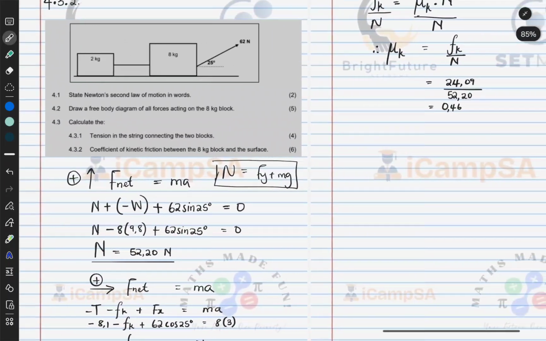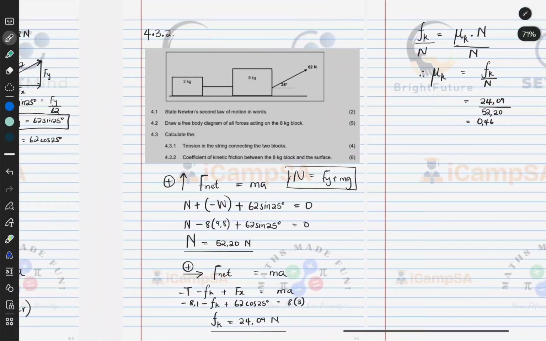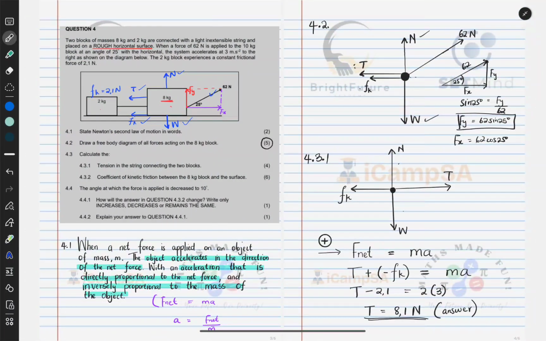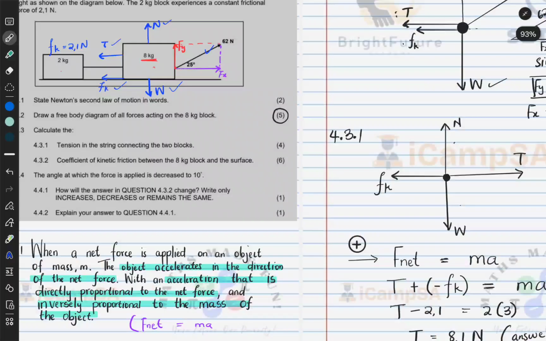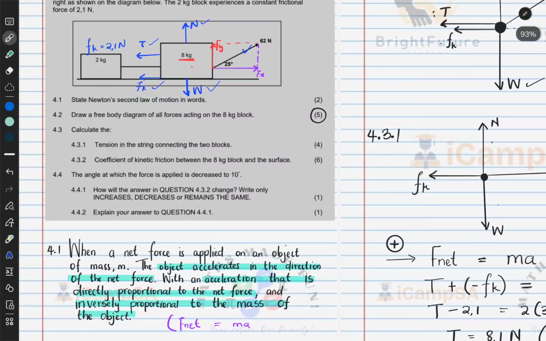What else were we asked to solve for? Oh yes, now we are on 4.4. For 4.4, the angle at which the force is applied is now decreased to 10 degrees. 4.4.1 then asks, how will the answer in 4.3.2 change?